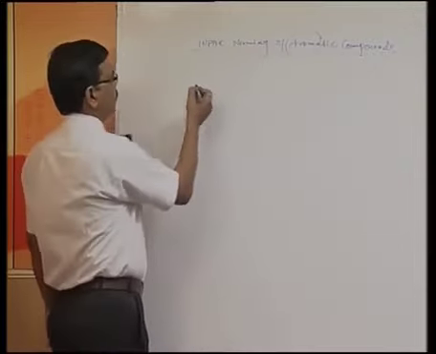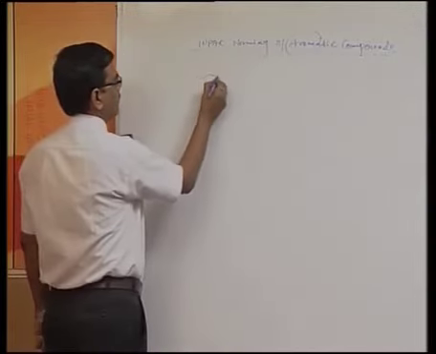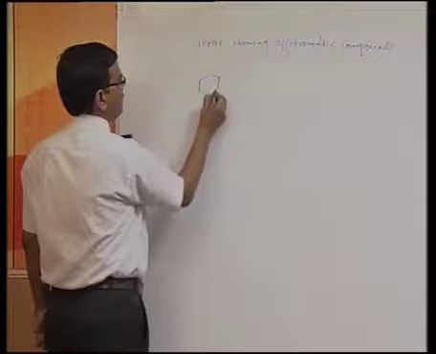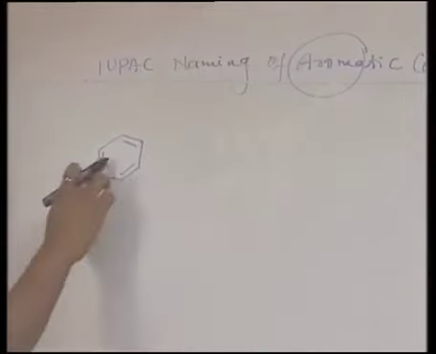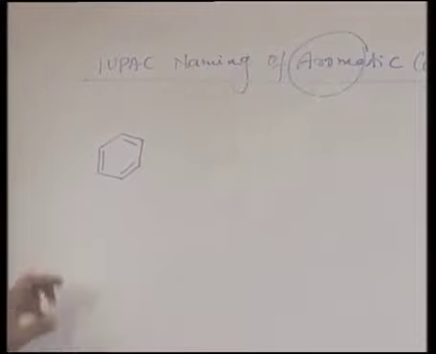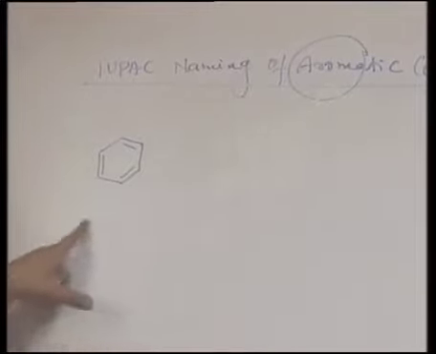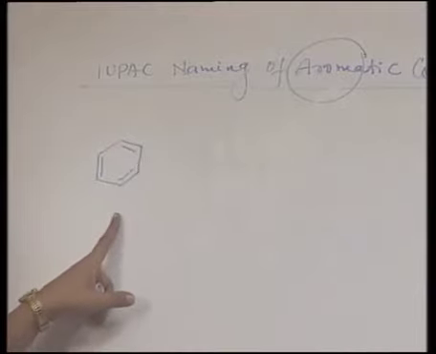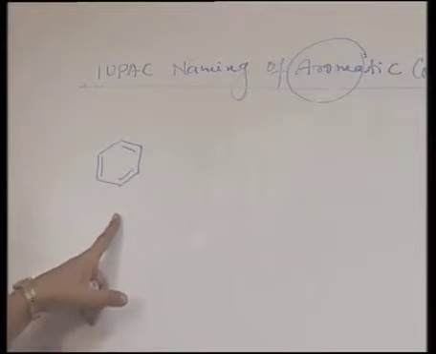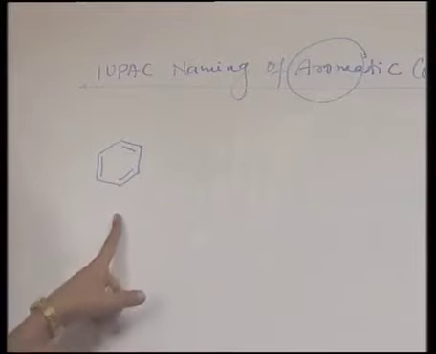The most common aromatic compound we generally use is benzene. This is the basic skeleton of aromatic compounds. Any compound which contains this type of ring is treated as an aromatic compound, and these compounds should also follow Huckel's rule, which I will discuss in later classes.